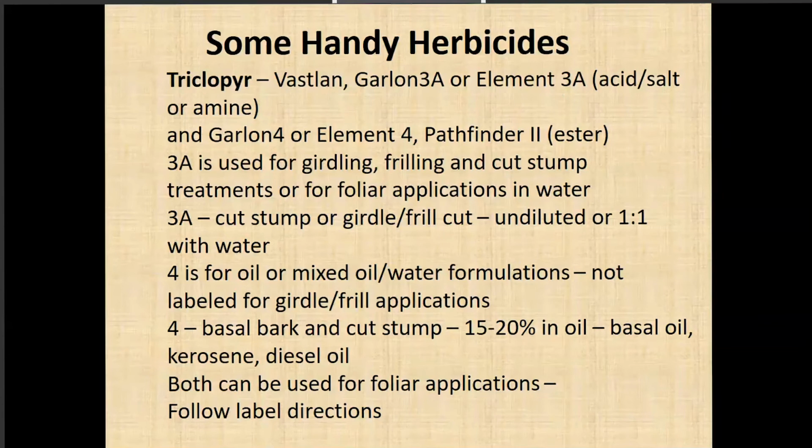The great thing is that the application for cut stump can be sprayed on hours or days after we actually do the cutting. Because of the oil being able to penetrate, that provides us a little more flexibility in our application. But it's a more expensive material to utilize because we're paying for both the herbicide and the oil. And in any of these cases, once again, always follow those label directions and safety recommendations.